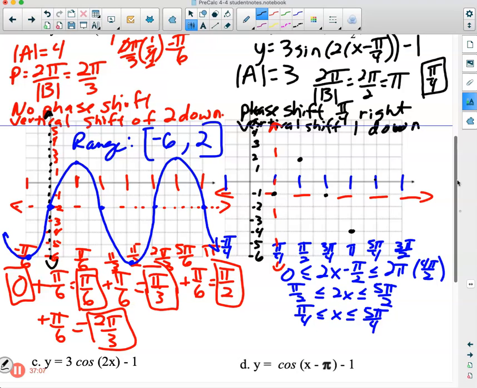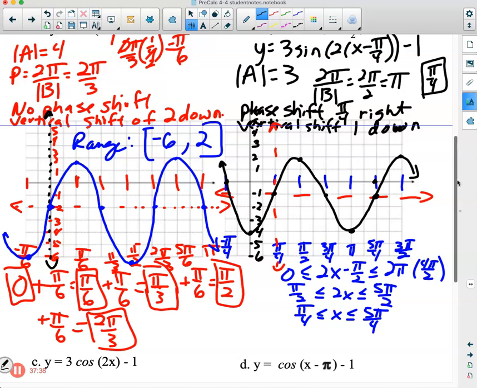Follow the pattern. Oops. Nice smooth curve.